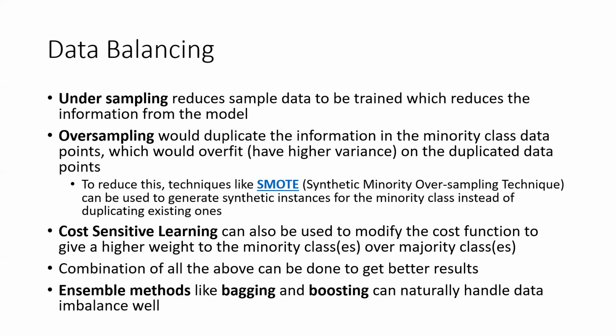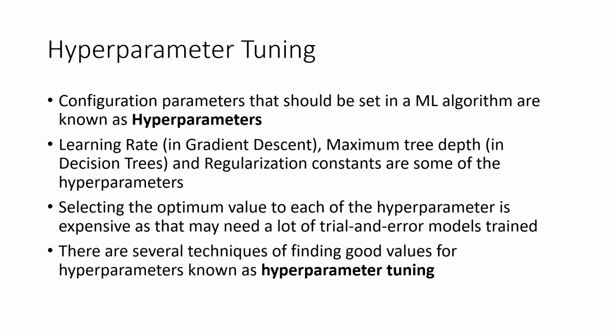We can achieve some form of data balancing, right? So that is one of the advantages of ensemble methods as well. So that is all about data balancing that we have to know.